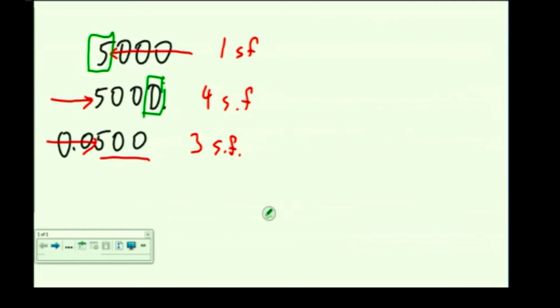The one on top or the one in the middle? The one in the middle is way more precise than the one on top, right? So the way you write it tells somebody how you made the measurement and how careful you were in making your measurement. Fair enough?